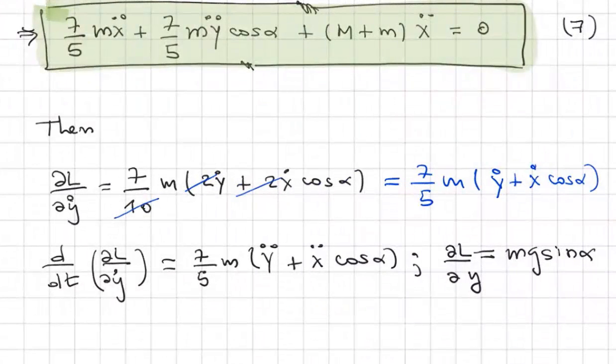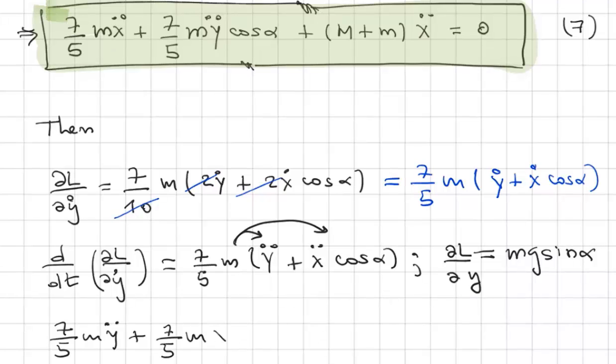And this is 7/5 of the mass multiplying y double dot. I'm going to distribute this into the parentheses, and that's going to be 7/5 of the mass y double dot plus 7/5 of the mass x double dot cosine of alpha minus mg sine of alpha equal to 0.